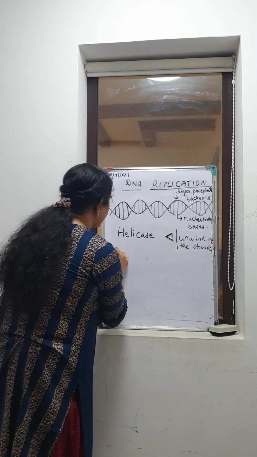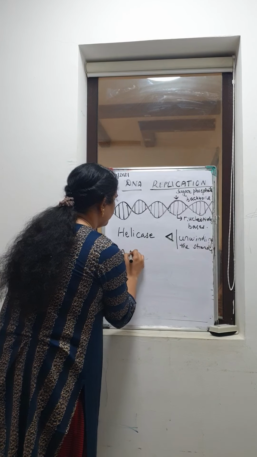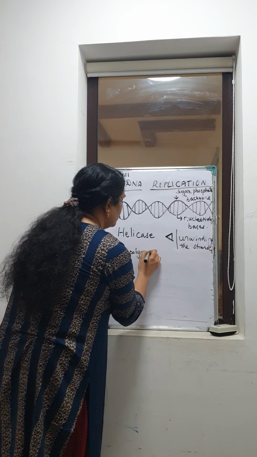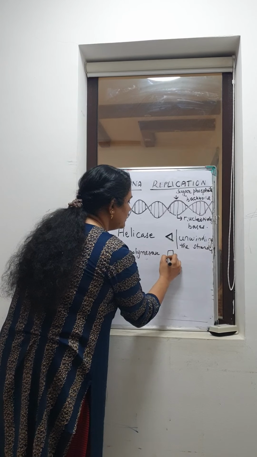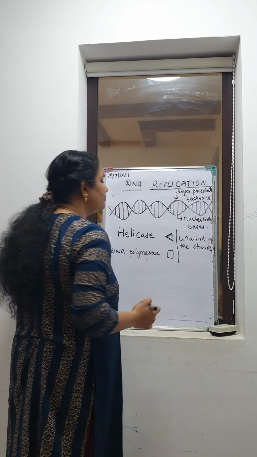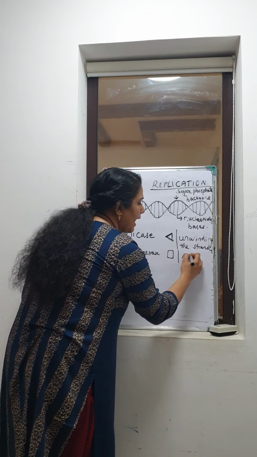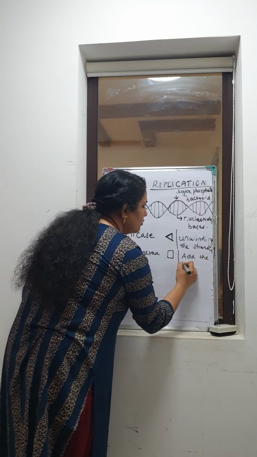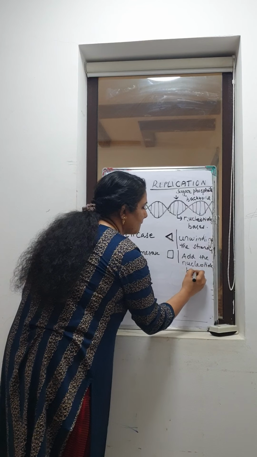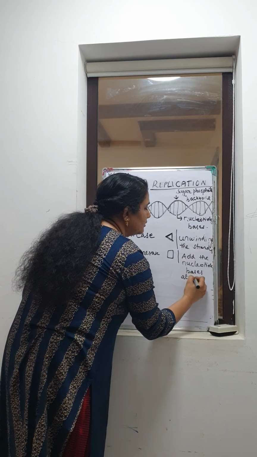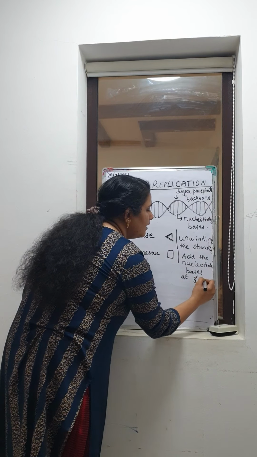The second is DNA polymerase. We can give the symbol for polymerase like this. The duty of the DNA polymerase is to add the nucleotide bases at the 3' end of the DNA.